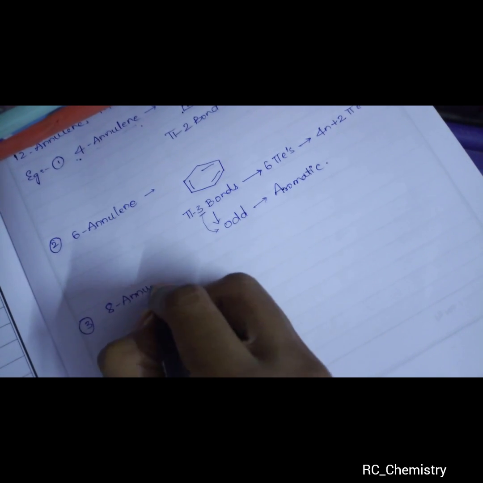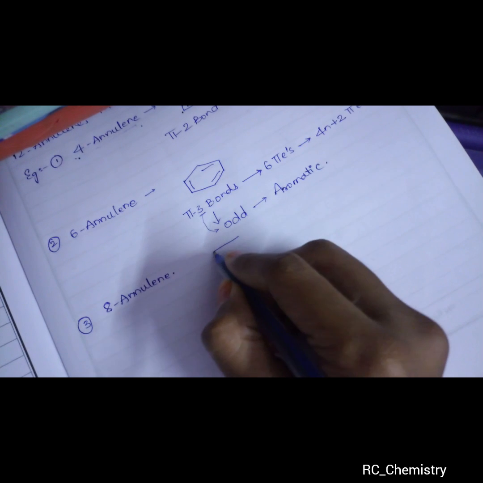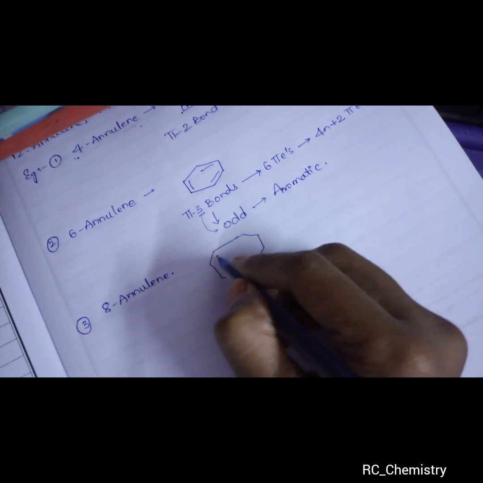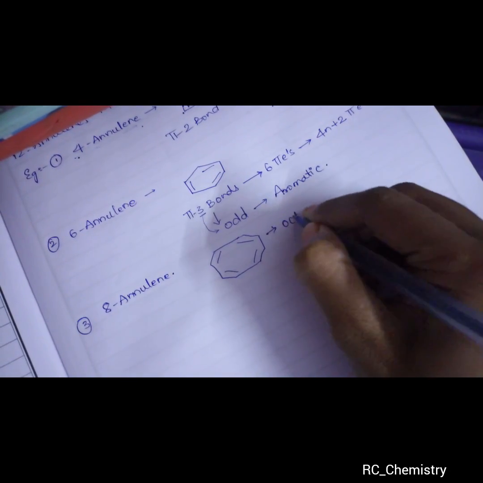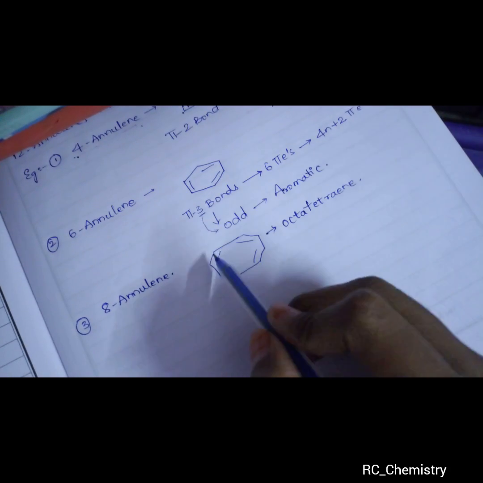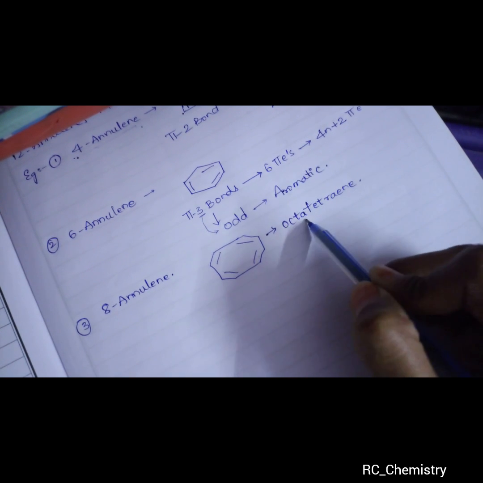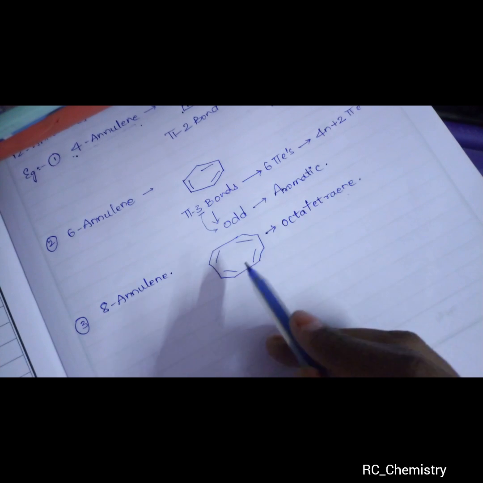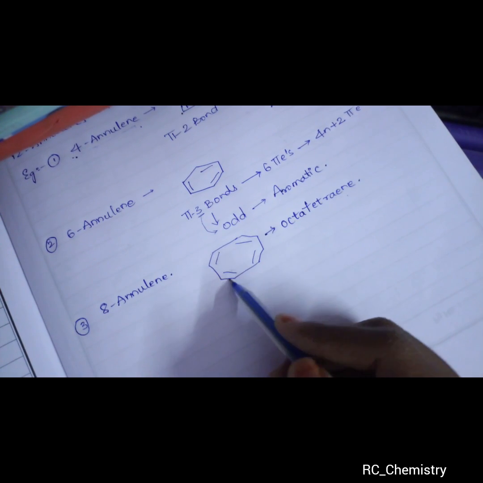Next, 8 annulene. The structure of 8 annulene is like this. In other words, we can say that this is octatetraene. It consists of 8 carbon atoms and 4 double bonds, so it is known as octatetraene. From this structure we can count the total number of pi bonds: 1, 2, 3, 4.